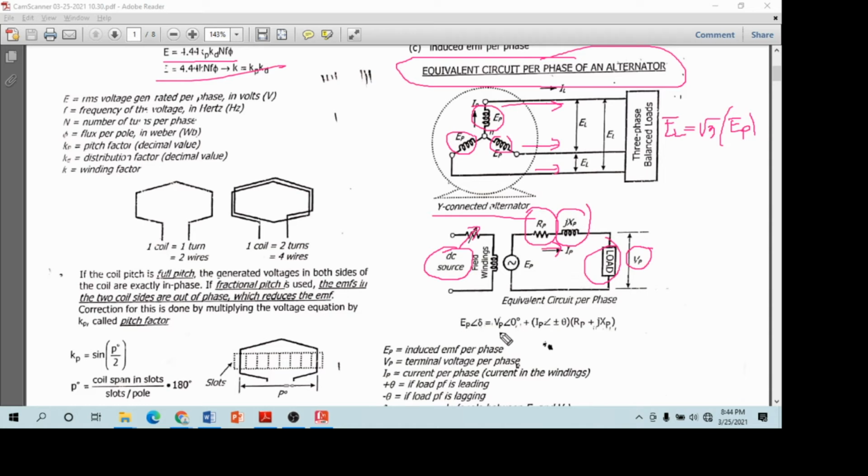Therefore, you will have this formula: EP at an angle equals VP at an angle of 0. This is our reference angle.